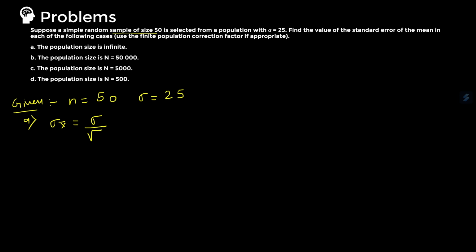We use sigma divided by root n. In this case, we have 25 by root 50. So the value comes in as 3.53. So in this first case, our standard error of the mean is equal to 3.53.